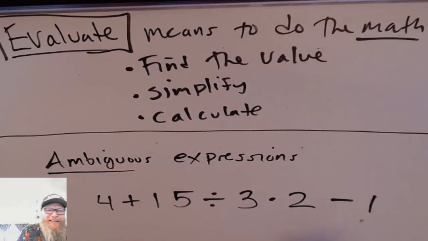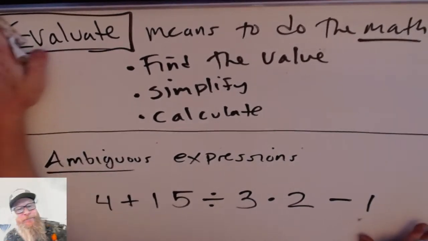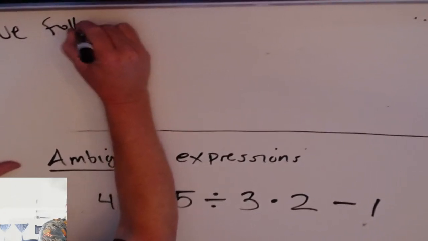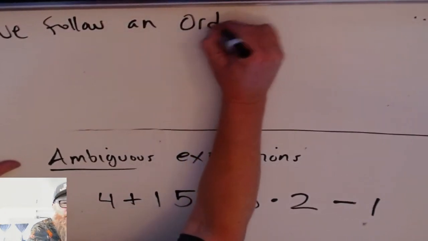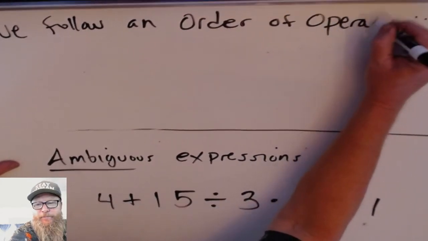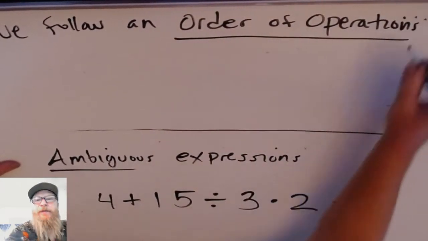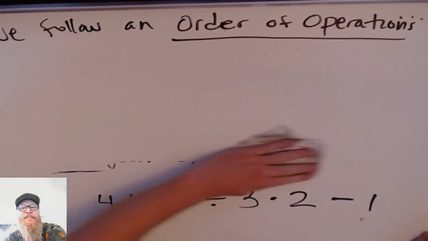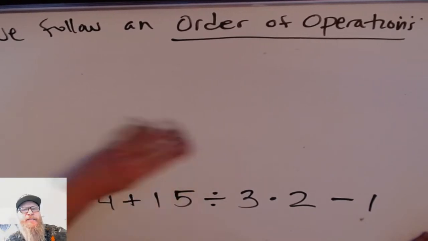Right? And you can't really tell that's what that says because it's written out ambiguously. And so we follow an order. This is an agreement to avoid ambiguity. It's really so that everybody should be getting the same result.